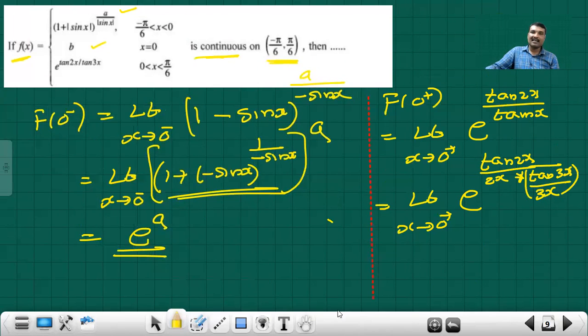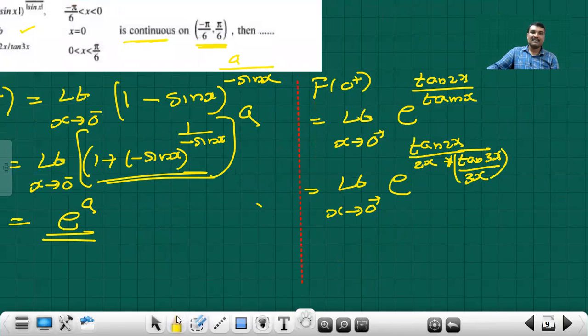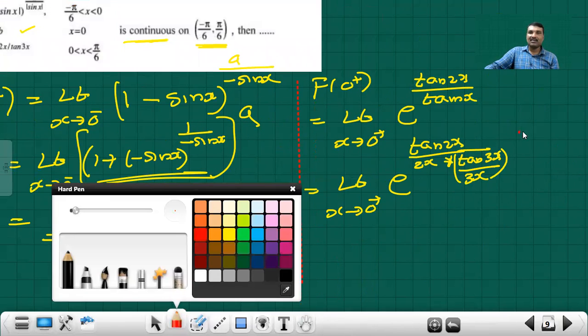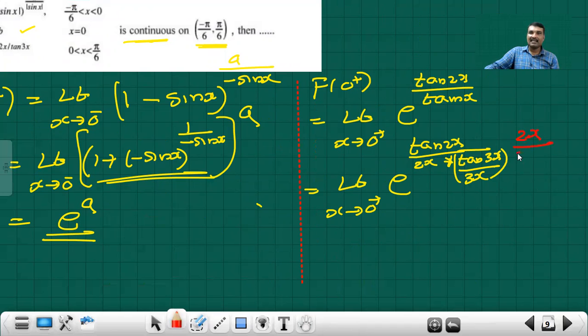So as to mathematically balance, we have to write 2x here and 3x. This x and x cancel. This is a standard limit and this is also standard. So again, this is equal to e raised to 1 by 1 into 2 by 3, so that is equal to e raised to 2 by 3.